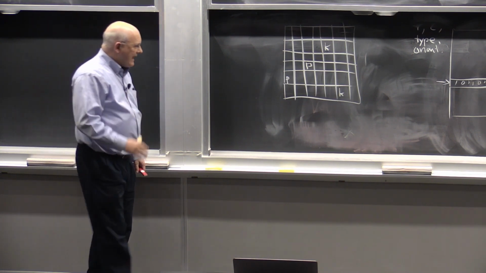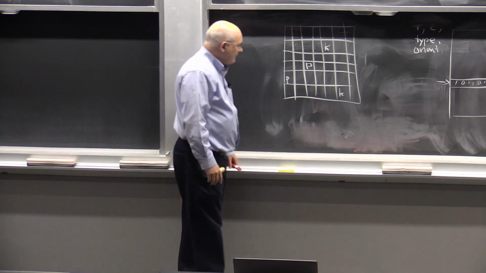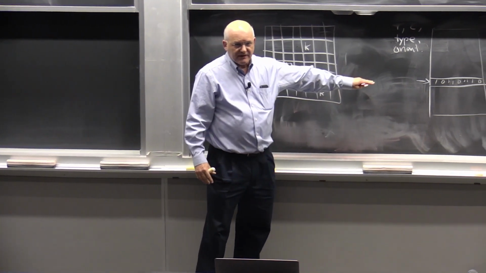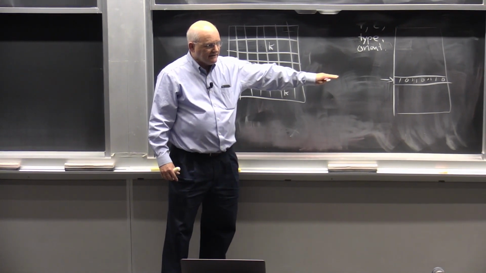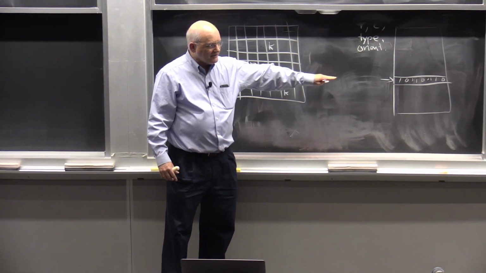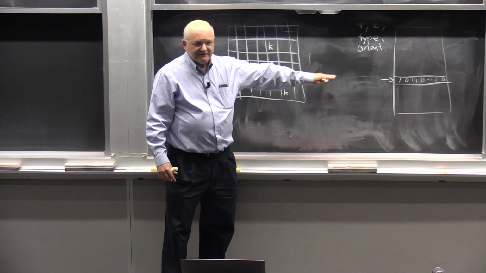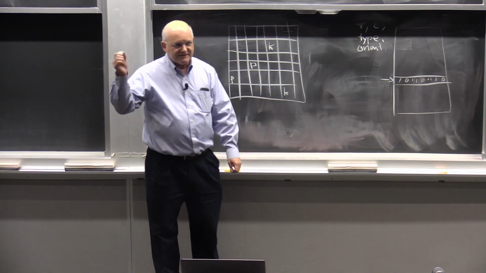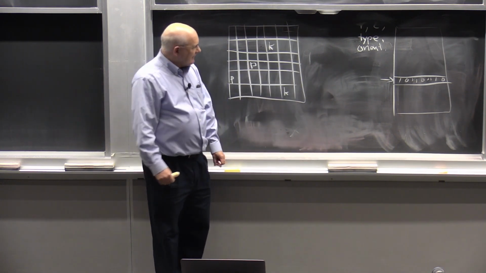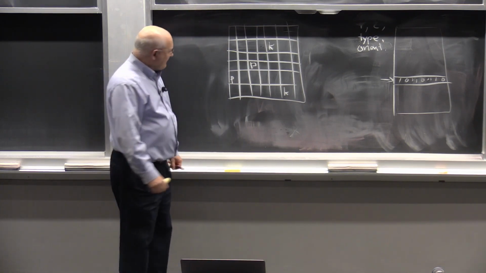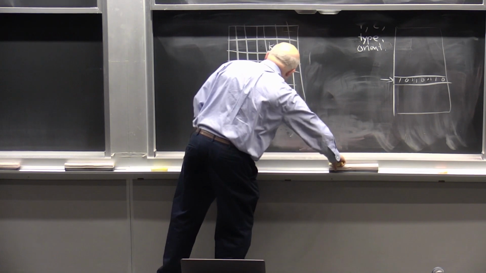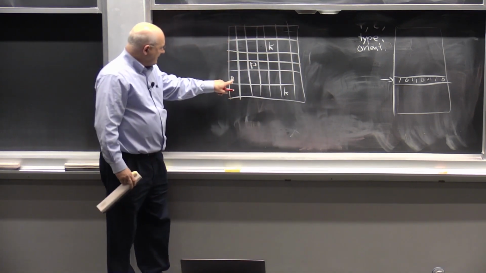So Zobrist hashing is really a lot more clever. It takes advantage of that XOR trick that I taught you in the first, no, it wasn't the first, it was in, was the second lecture? Yeah. The bit tricks lecture, okay? And that is that XOR is its own inverse. So if I want to remove a piece, let's say I'm going to move this pawn, okay, from here to here.